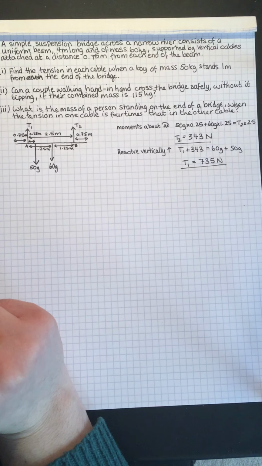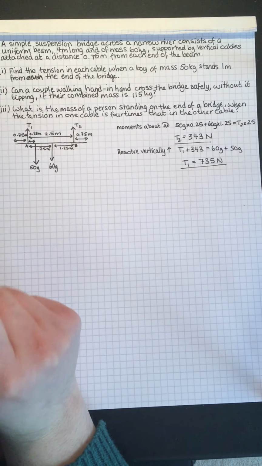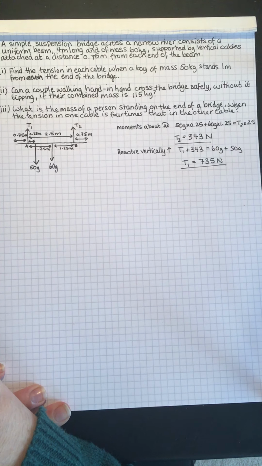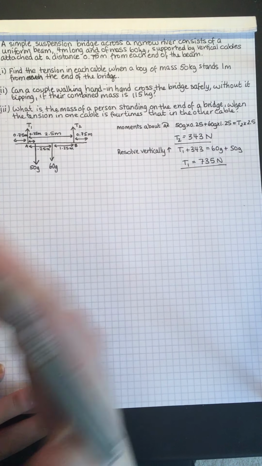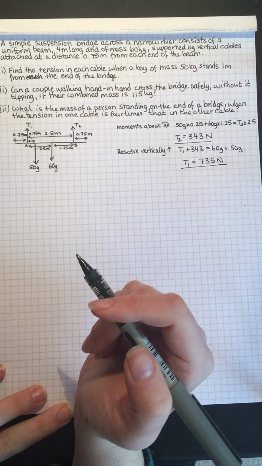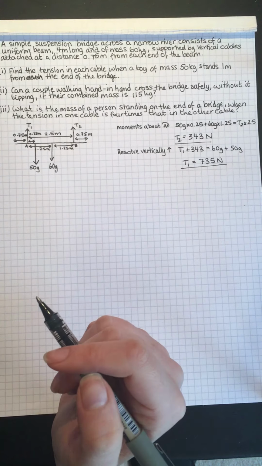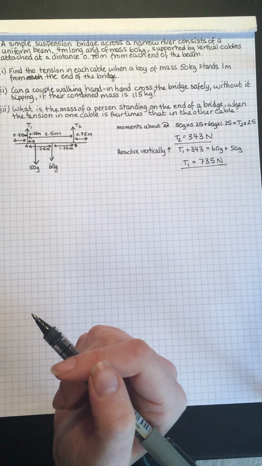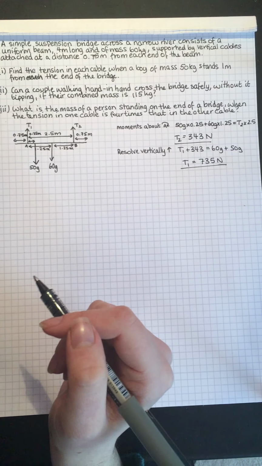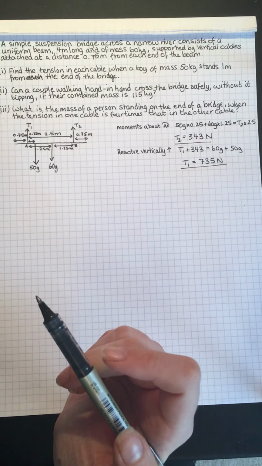Now let's do part 2. Can a couple walking hand in hand cross the bridge safely without it tipping if their combined mass is 115 kilograms? Okay, so to think about whether this is possible, you need to think about at what point or points on the bridge would it be most likely to tip if they were indeed too heavy.